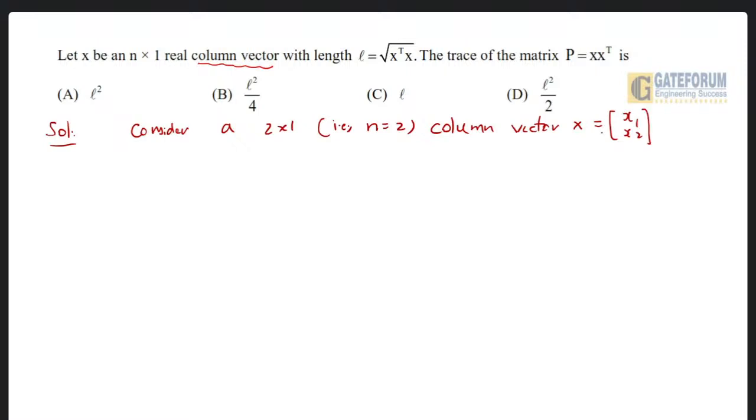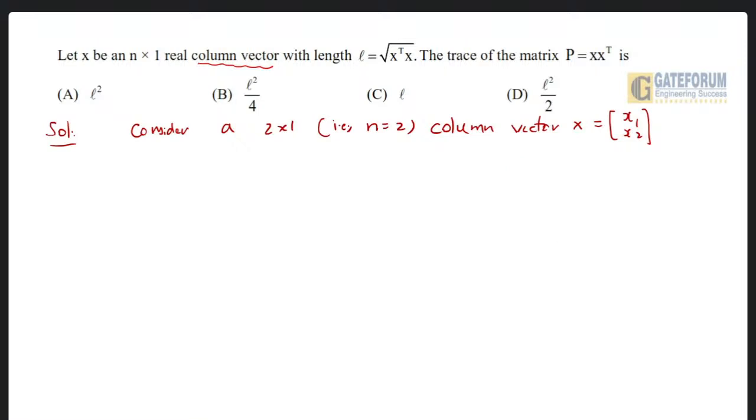Two elements. 2 into 1 means first row, second row, only one column. Instead of considering n cross 1, you can take x equal to x1, x2, and so on up to xn, n components, column vector. But finally you will get the answer. It will take more steps. It doesn't mean the calculation takes more time.